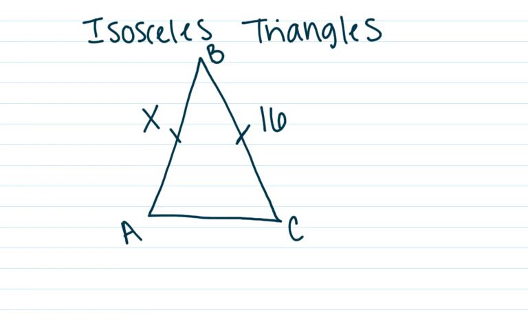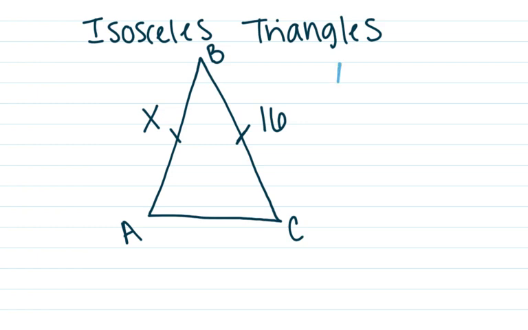Now, if you remember, isosceles triangles have two equal sides. And remember, the way that I show what sides are equal are these little tick marks of congruency. Those little tick marks right there show which two sides are equal. When triangles have letters on them, it gives them a name.